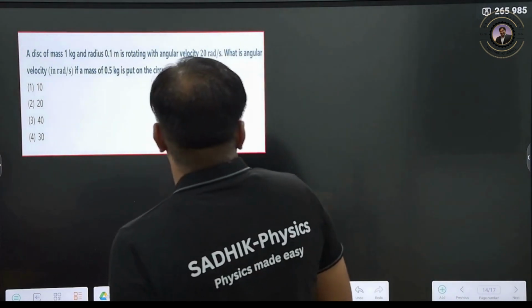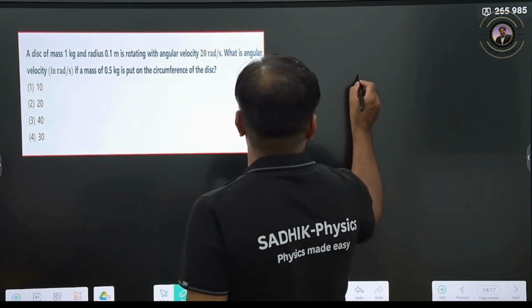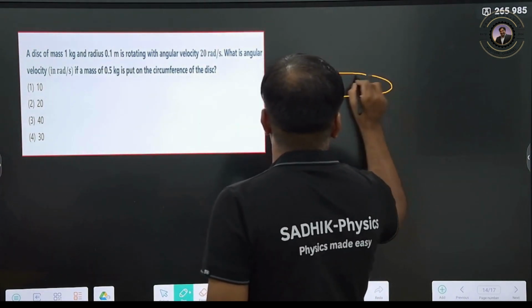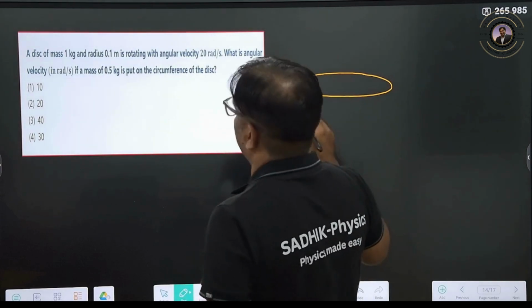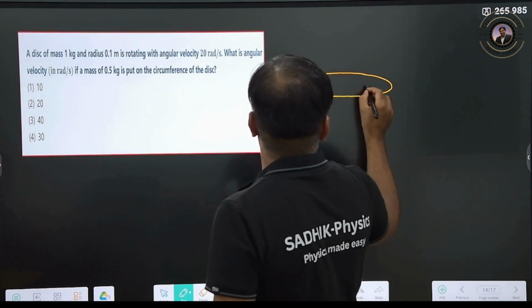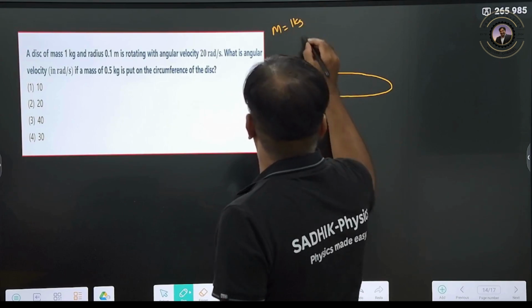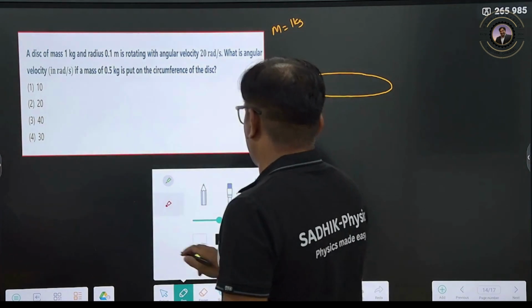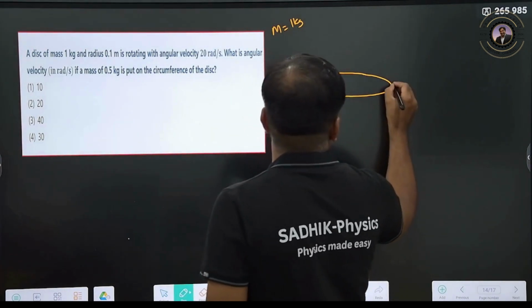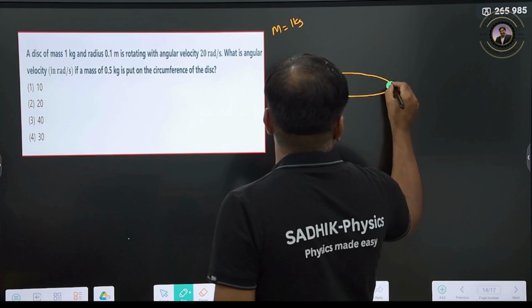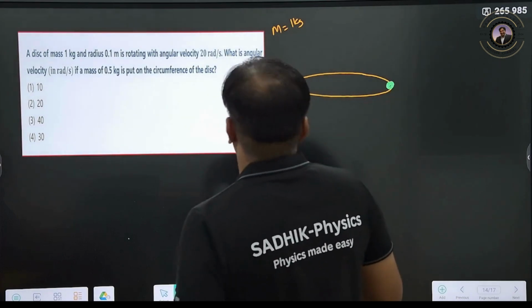Here there is one disc, and its mass is capital M, which is 1 kg. Here we are going to keep one small mass, 0.5 kg, on it.